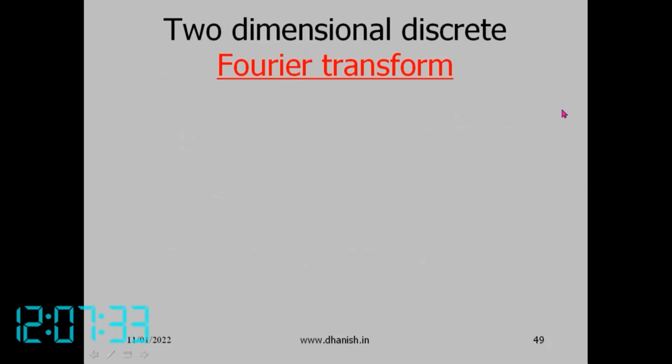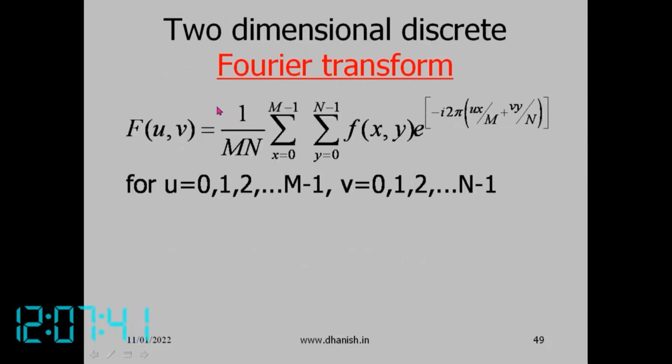For an image, we actually have two axes, x and y, so it is a two-dimensional Fourier transform. The image Fourier transform can be expressed in this form. The original image is small f of x, y. After transformation, you get capital F of u, v, where u equals 0, 1, 2 up to m minus 1, and v equals 0 to n minus 1.